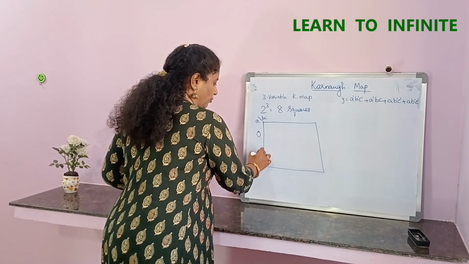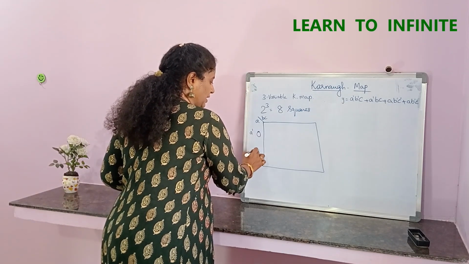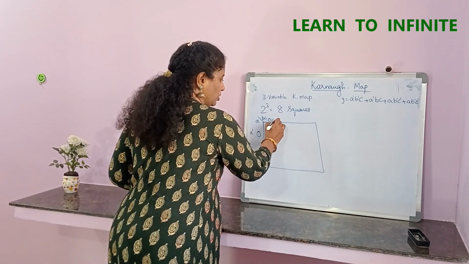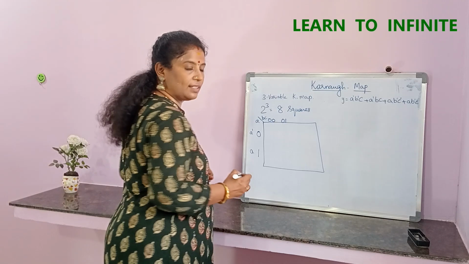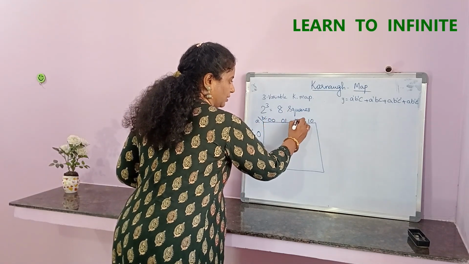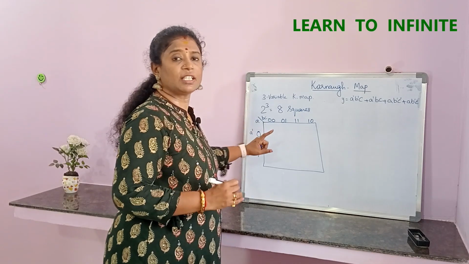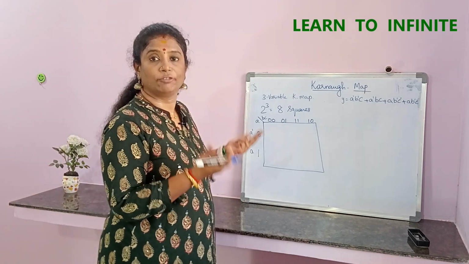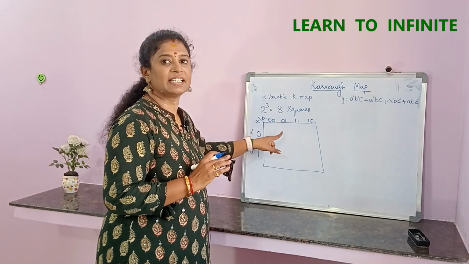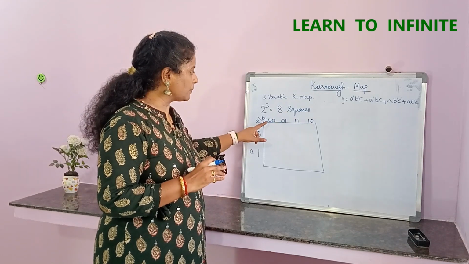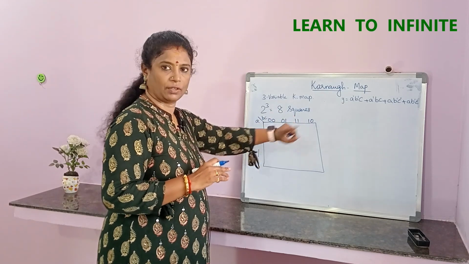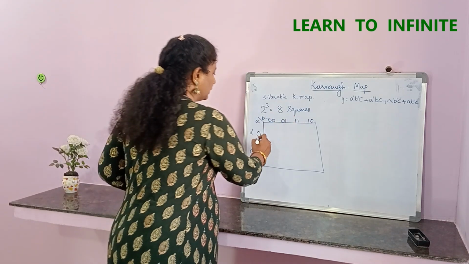It is 0 and 1, where 0 stands for A dash and 1 stands for A. The combinations for BC are 0 0, 0 1, 1 0, 1 1. But we have to write 1 1 here and 1 0 at the last. This is for simplification purpose, because when you are folding, it will be easily simplified. So it must be 0 0, 0 1, 1 1, 1 0 and not 1 0, 1 1. You have to be careful in this.